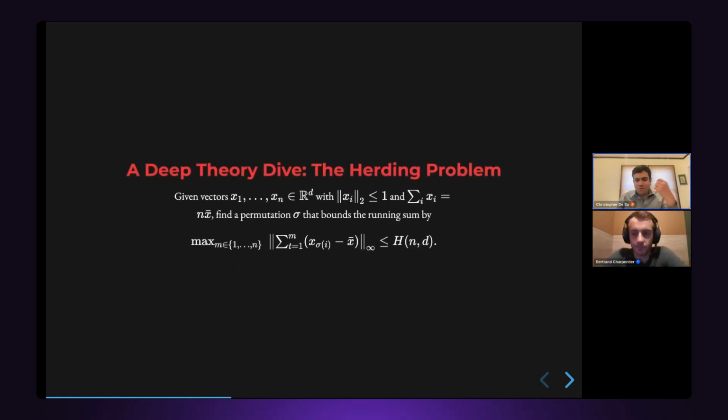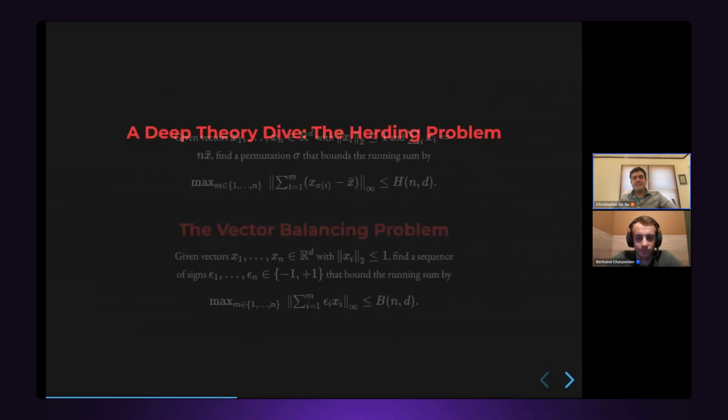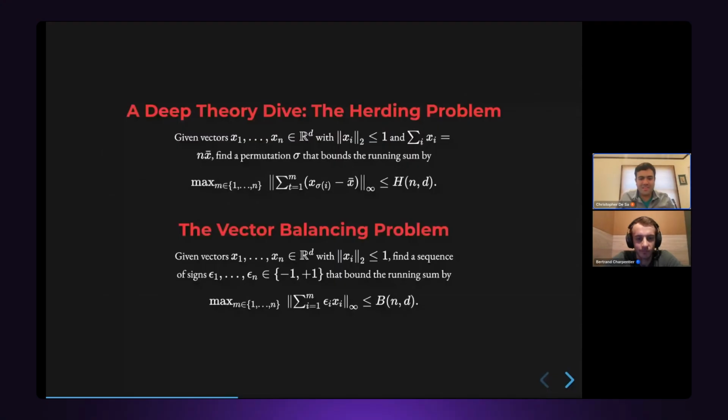In order to figure out how to do this efficiently, though, we have to understand how people solve the herding problem. I'm going to do a deep but quick theory dive into this to try to give you intuition. The typical way that people approach solving the herding problem is via this other popular combinatorial optimization problem called the vector balancing problem.